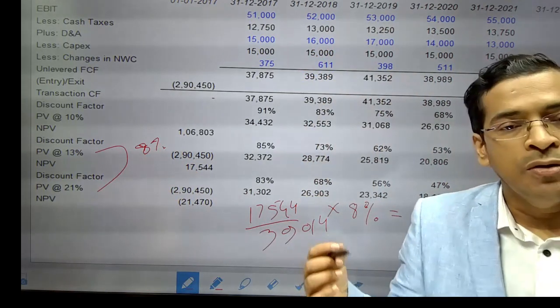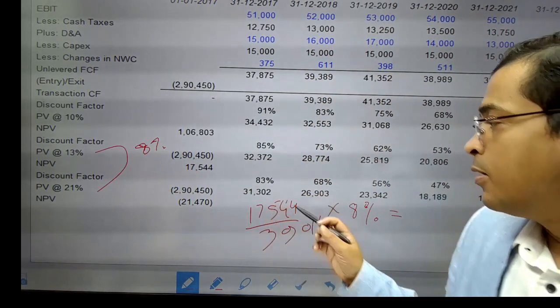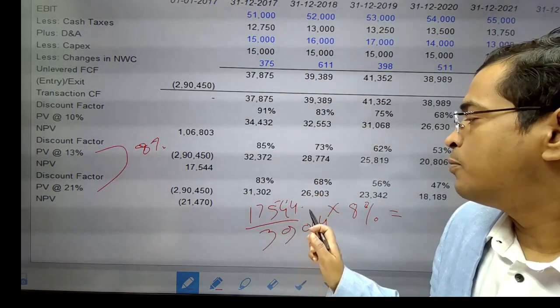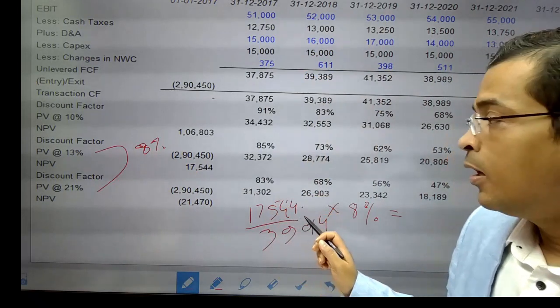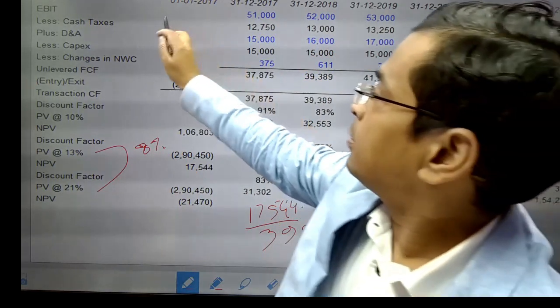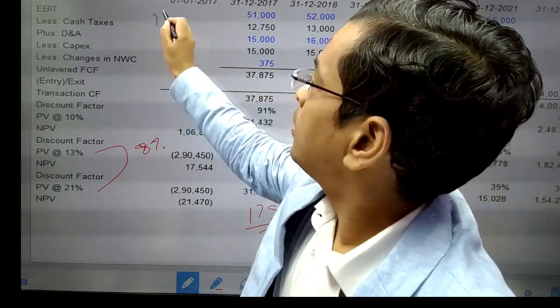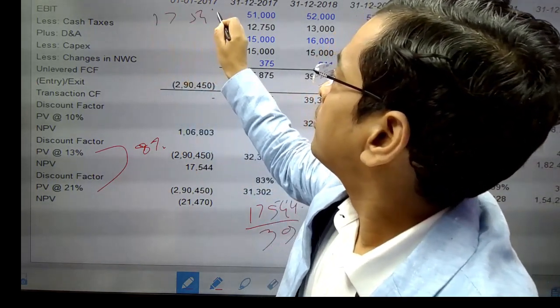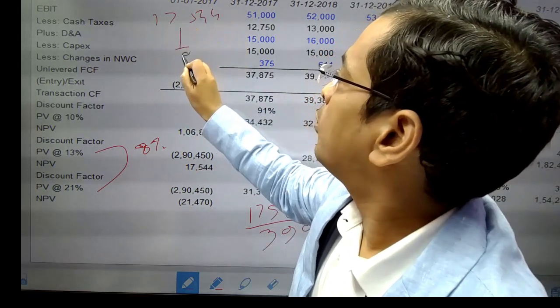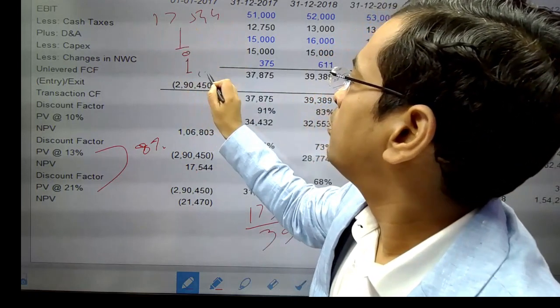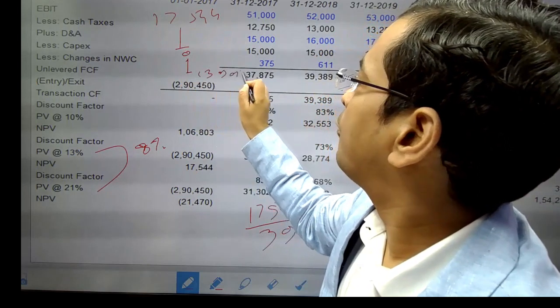And let's think intuitively why we are doing this. Because this 17,544 has to become 0 on the number line, and then further it goes down to minus 39,014.